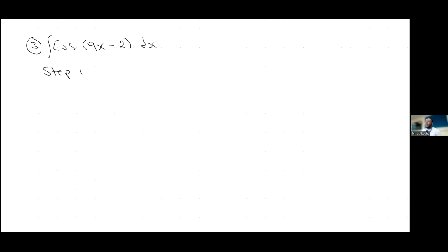So we have sine, cosine, minus cosine. When you integrate cosine, it's going to give us sine.